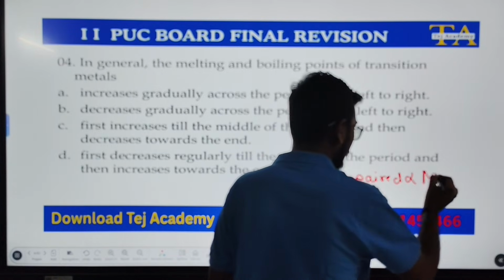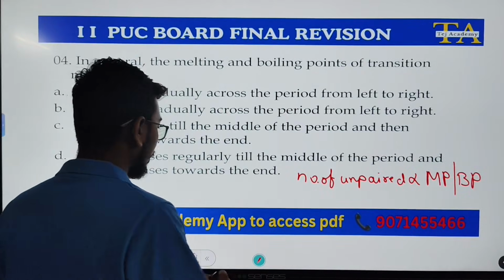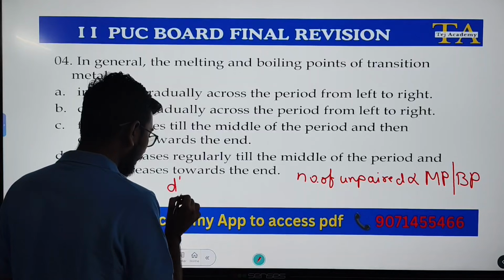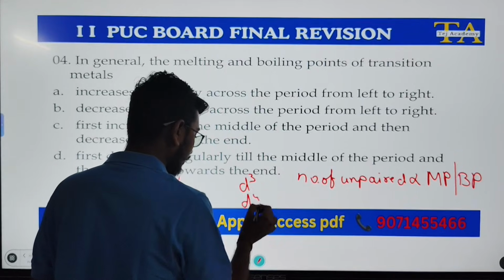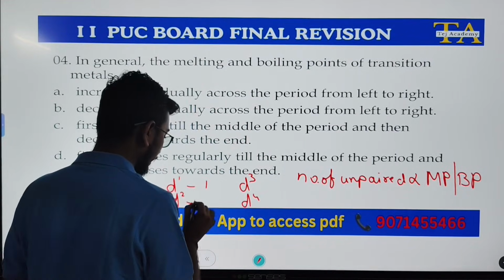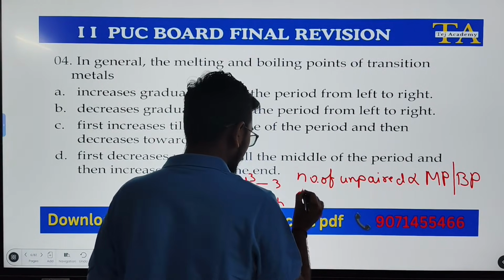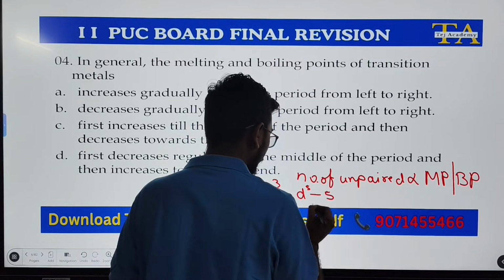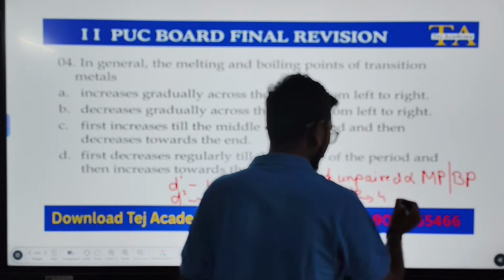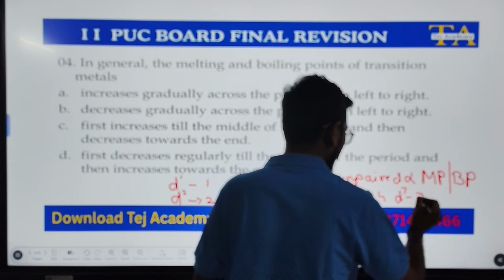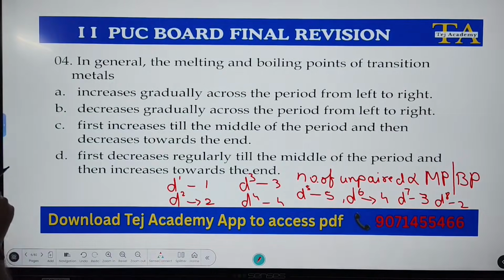Now if you see d1, d2, d3, d4, how many unpaired electrons? 1 unpaired electron. How many unpaired electrons? 2, here 3, here 4. Same thing if you check for d5, here 5 unpaired electrons. Now for d6 you will get 4 unpaired electrons. For d7 you will get 3 unpaired electrons. Same way for d8 you will get 2 unpaired electrons.